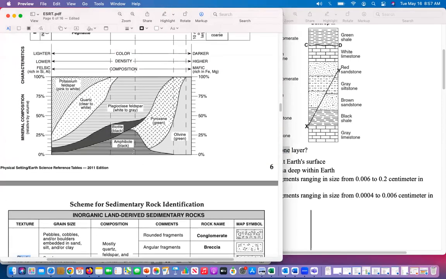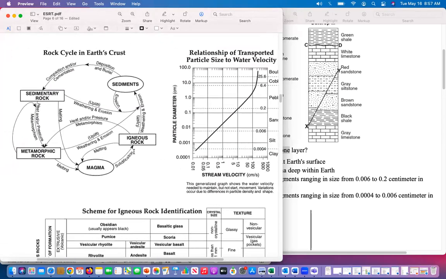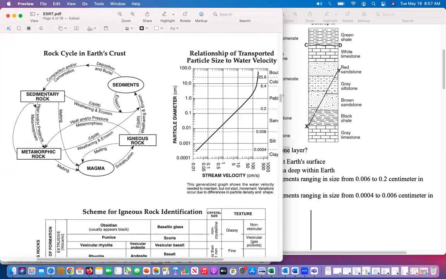How do I know this? Look at your rock cycle. Look for sedimentary rock. Look at the processes before sedimentary rock. So you see right here, it says compaction or cementation. That is one of the key processes to make a sedimentary rock.